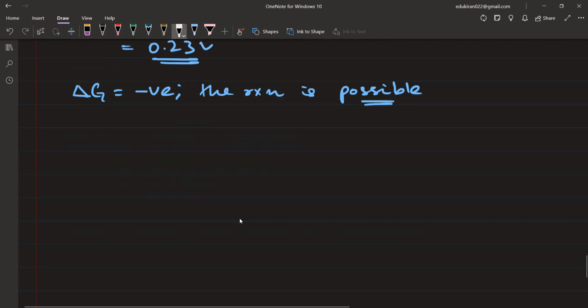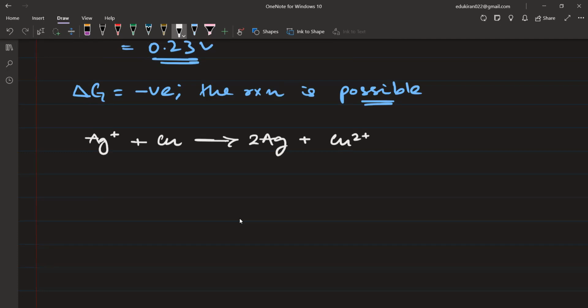Next reaction you have is Ag positive plus copper will give you 2Ag plus copper 2 plus.